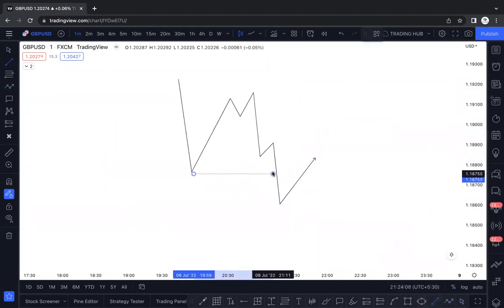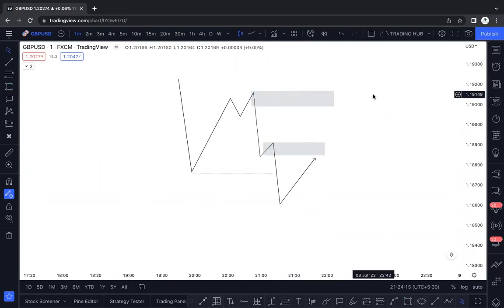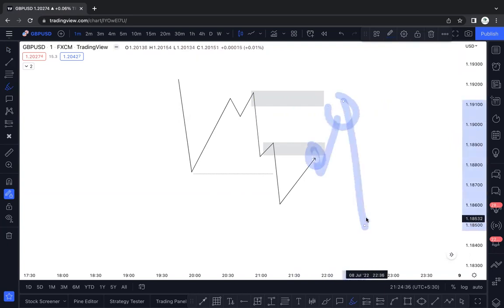In this case, most of the time when you get multiple order blocks, you will probably be confused about which order block to use, because both of them have a proper imbalance, a clean order block, everything. So you are stuck here. If I take an entry here, the market pushes higher and then continues downside.